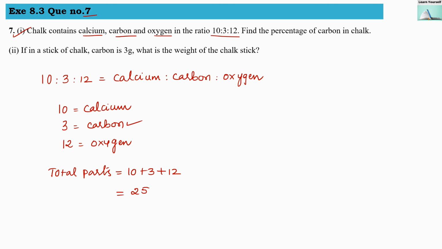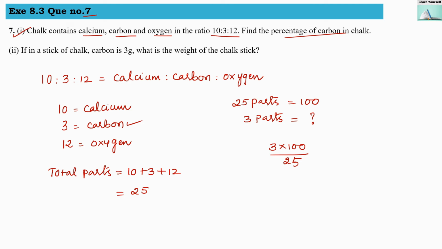Now if there are 25 parts, that will be 100% for the chalk stick. We have 3 parts for the carbon because we have to find the percentage of carbon in the chalk. So if there are 3 parts, how much percentage will be there for the carbon? So 3 into 100 divided by 25.